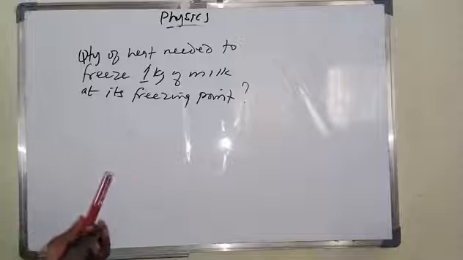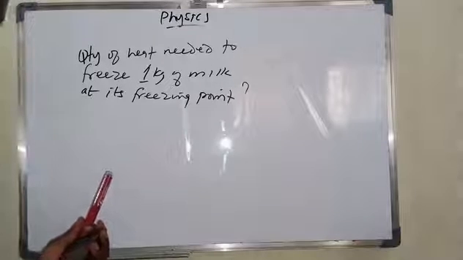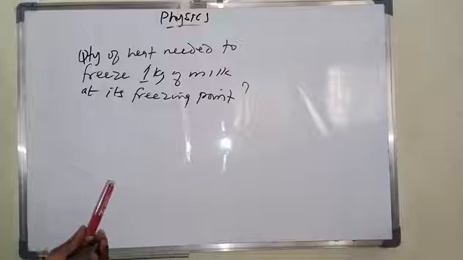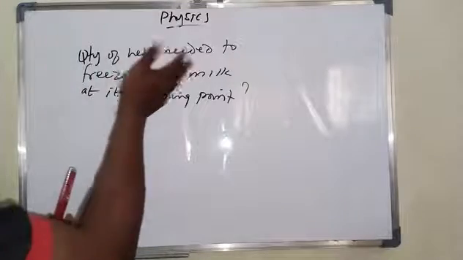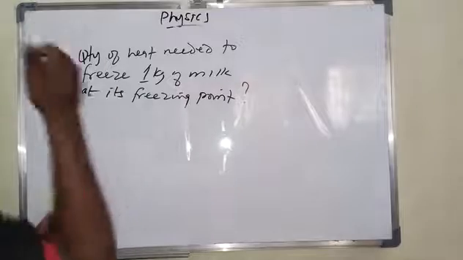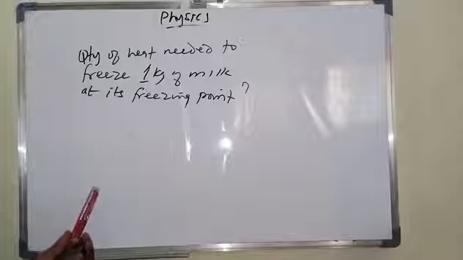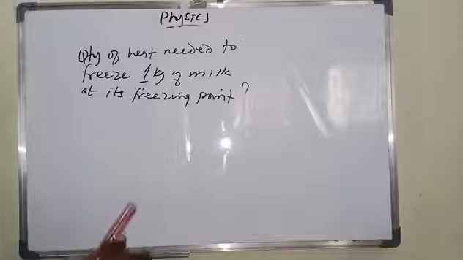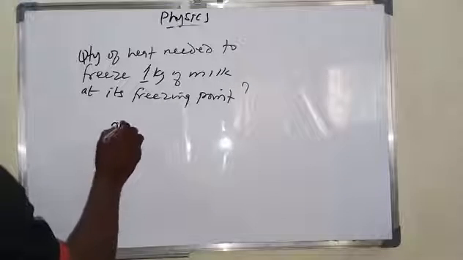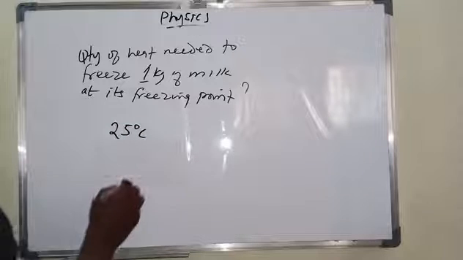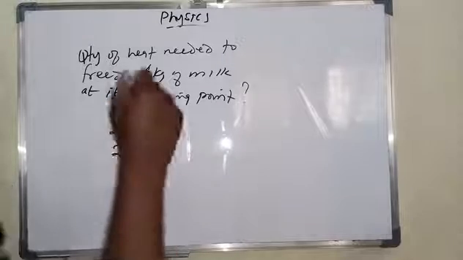No. Heat capacity is the quantity of heat required to increase the temperature of a substance by 1 degree. So it's not the quantity of heat required to freeze 1 kg. For instance, if a substance has a temperature of 25 degrees Celsius, to increase it to 26 degrees, that is by 1 degree, how much heat do you need?